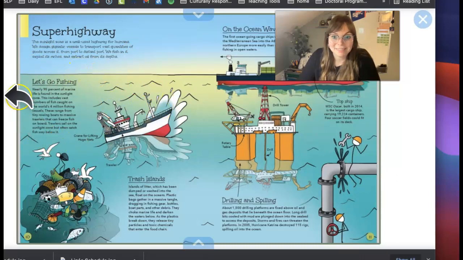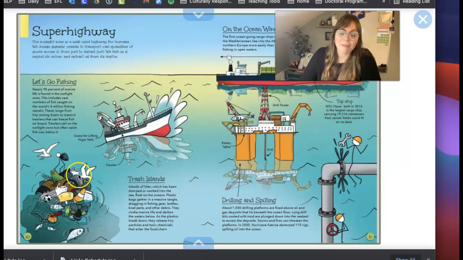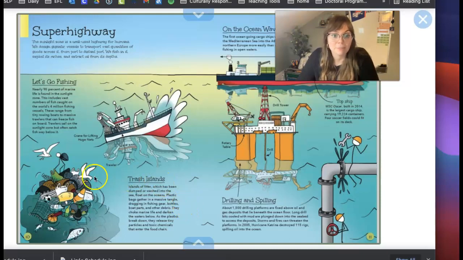People go fishing in the ocean, and unfortunately, we have a negative impact with trash. Trash islands, or islands of litter which have been dumped or washed into the sea, float in the oceans. Plastic bags gather in a massive tangle, dragging in fishing gear, bottles, boat parts, and other debris. Trash and plastics in our oceans is very harmful to all ocean life.